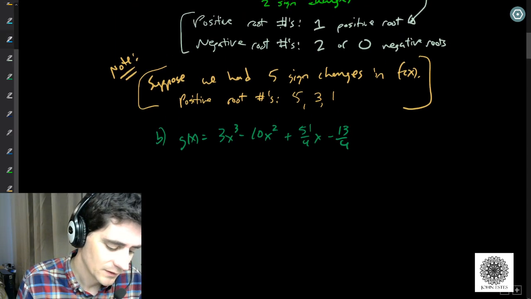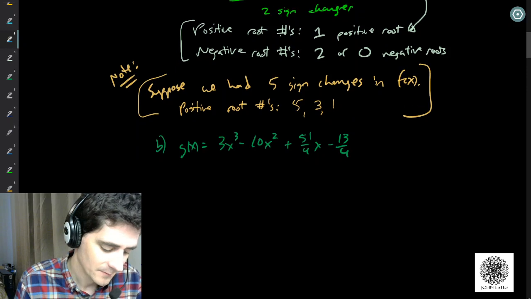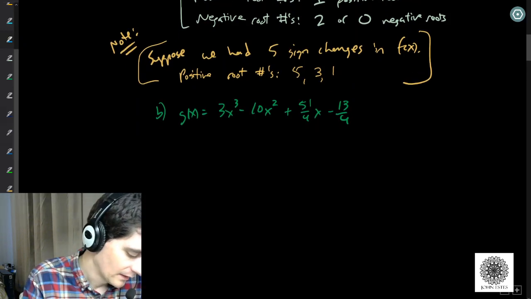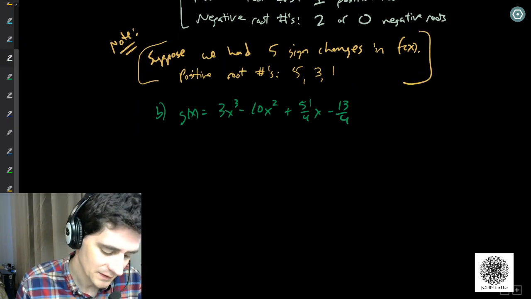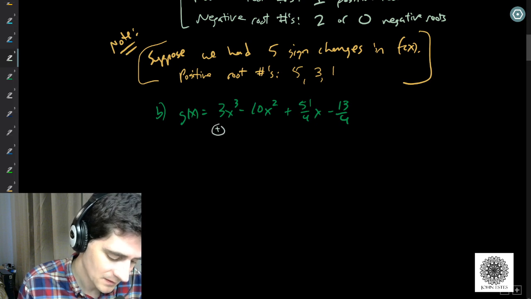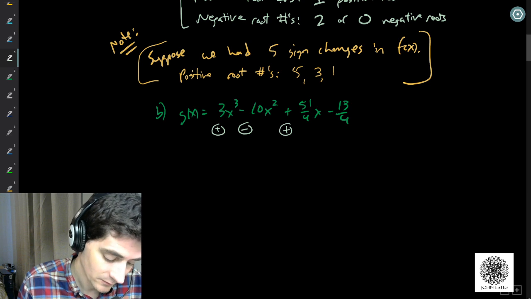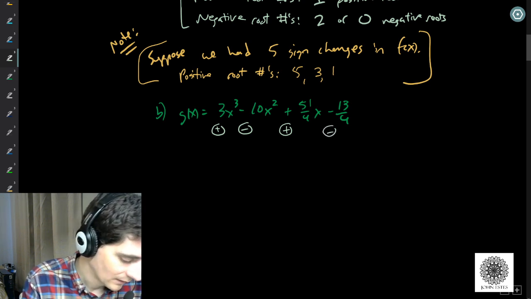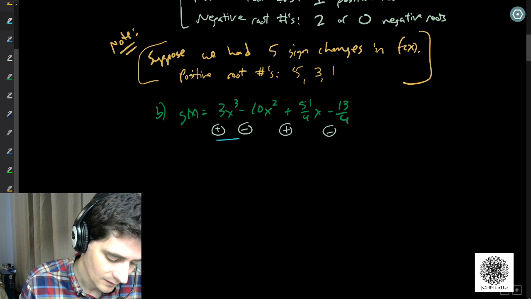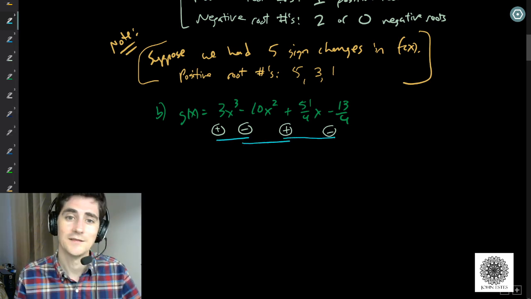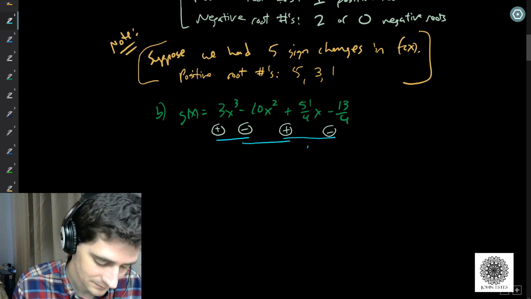All we're doing is trying to figure out how many sign changes we have. Okay, so for f of x, how many sign changes do I have? Let's see, we went from positive to negative, there's one. Positive again, there's another one. Negative, there's another one. So there's a sign change, there's a sign change, there's another sign change, 3 sign changes.